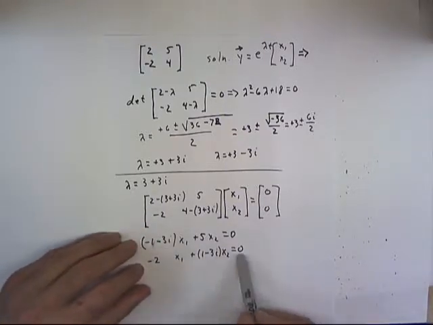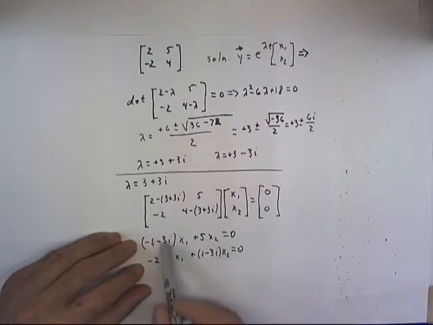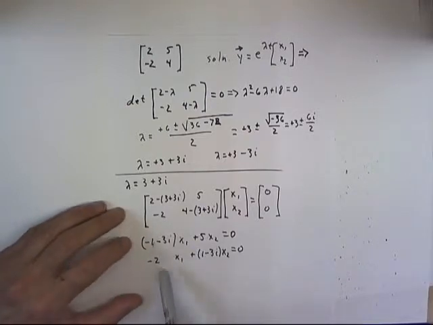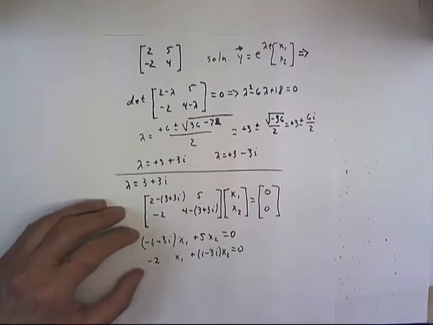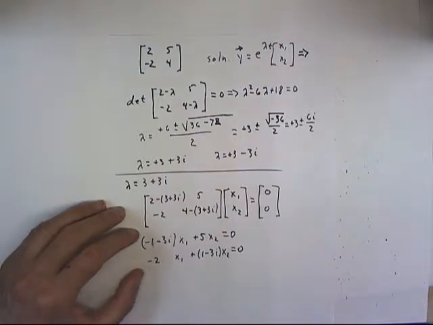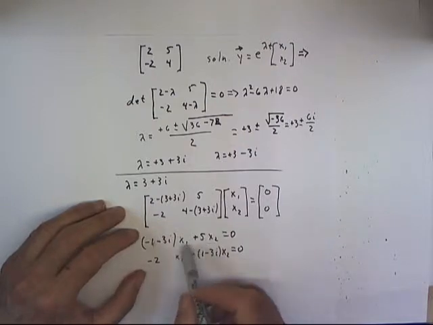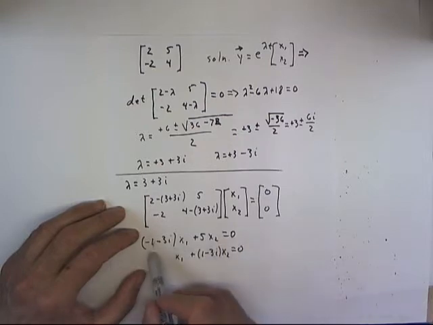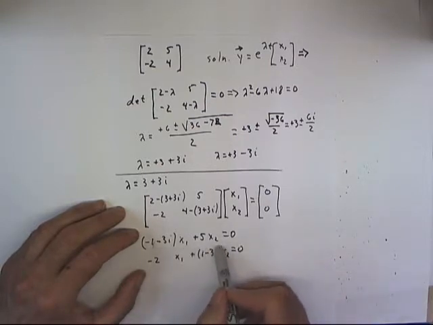Now, this second equation doesn't look much like a multiple of the first equation, but since we have complex numbers involved here, we really can't see that as easily as we could if these were real numbers. The easiest way to solve the first equation is to add 1 plus 3i to both sides, and we'll get that x1 factor over here divided by 5.